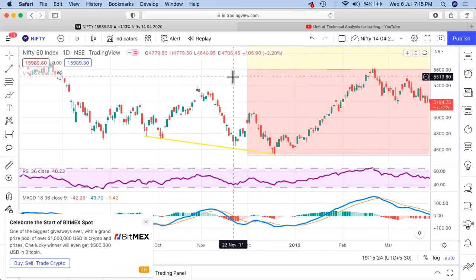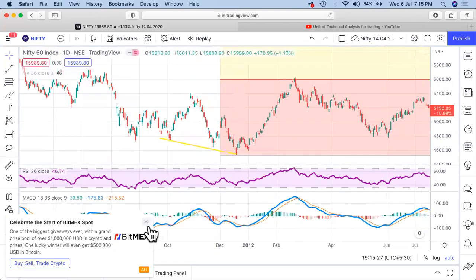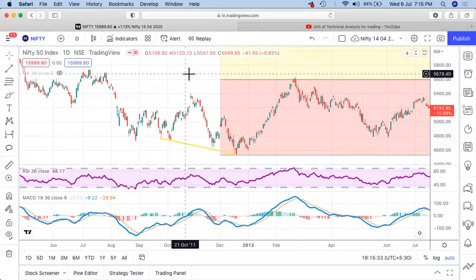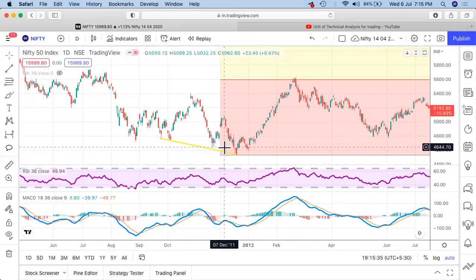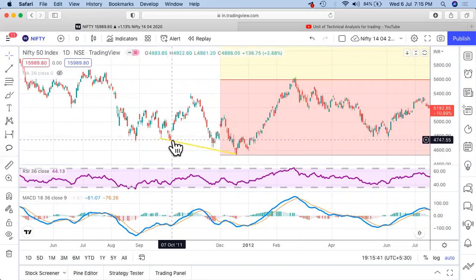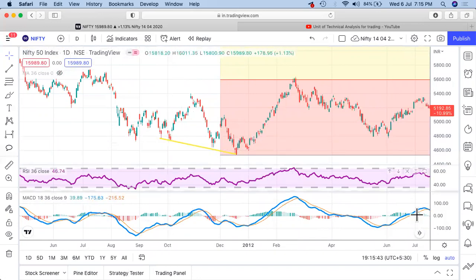You'll be able to get n number of examples, but the most basic thing about rising wedge and falling wedges, first of all, you should be able to identify the wedge. For that, the best thing is wherever you get low points, just draw a line and an extension with that.